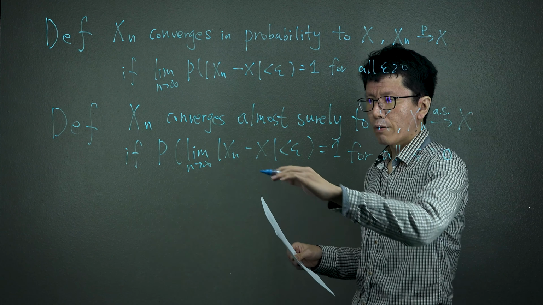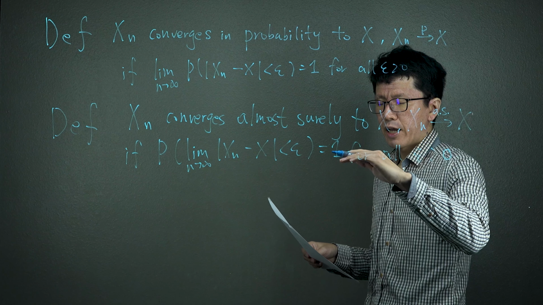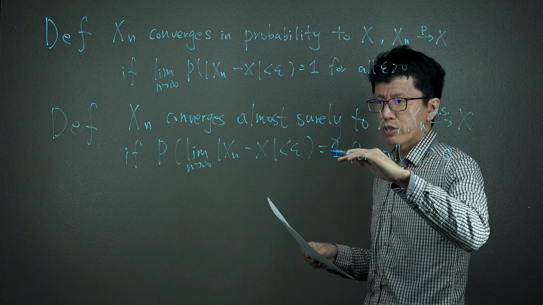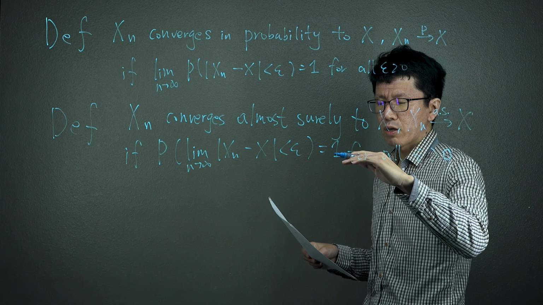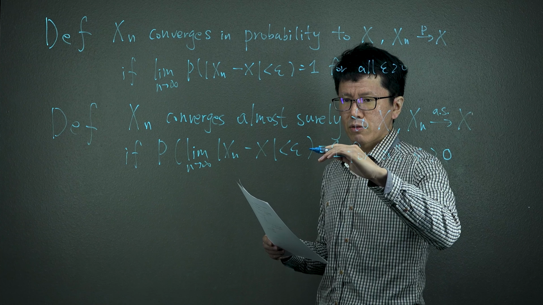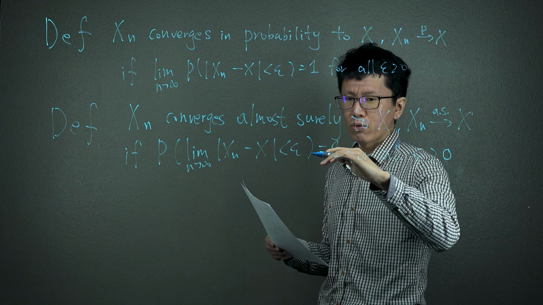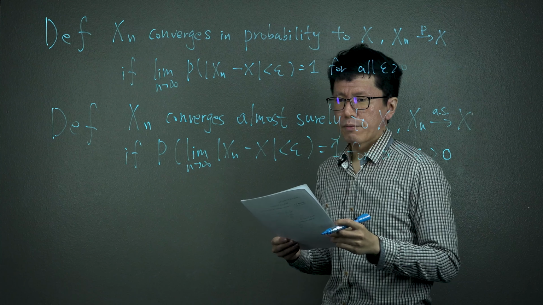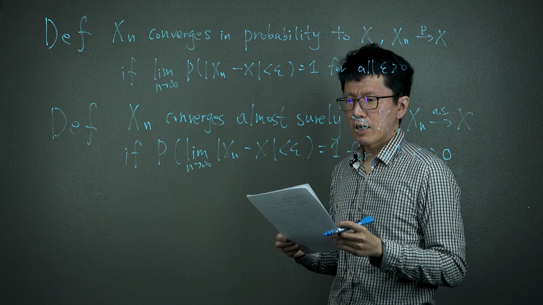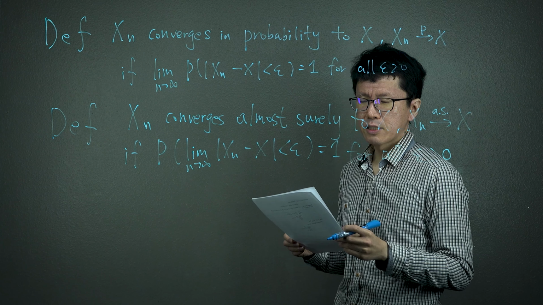So almost sure convergence means that Xn actually converges to X with probability 1. We might allow that the probability that the limit is not equal to X is 0. But you can think of it as Xn almost approaching X.